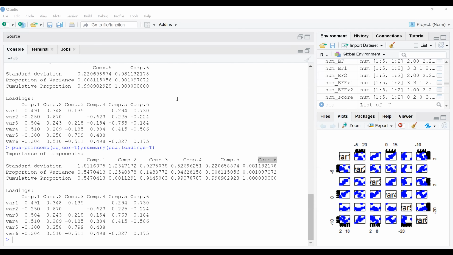Let me go to Comfort. What would that be? Cumulative 94%. Again, 94%. 94% is the right answer. 94% is the proportion of variance accounted for by the third principal component.